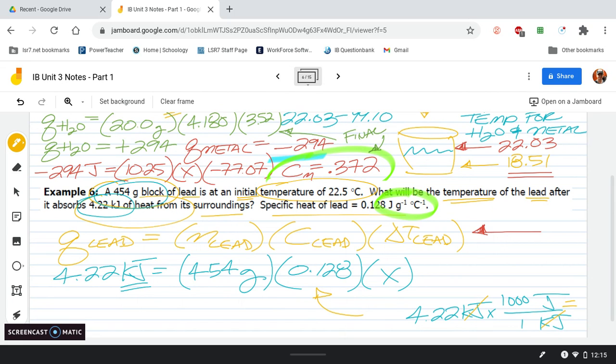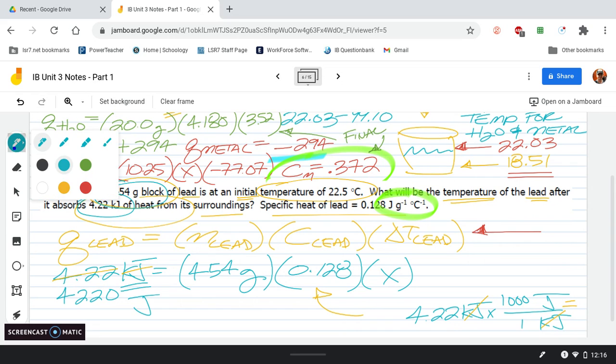So bump the decimal 3 spots. This is going to get replaced with 4,220 joules. So now your units are going to play nice. Now, might have missed that, might have had a smaller value there, but that's really just understanding your units.